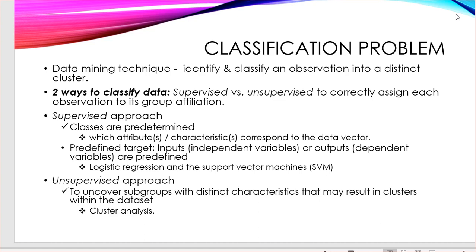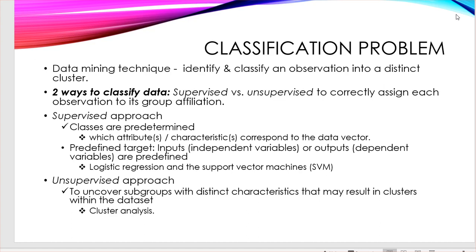Because of that, this way of classifying data is called the supervised approach. Logistic regression and the support vector machines are two of the most popular examples of the supervised approach.